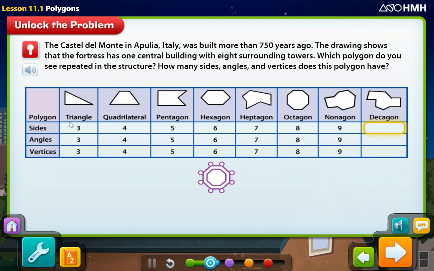So this is interesting. It started at a triangle and it's going up. Would there be a polygon that has 2 sides? Remember, a polygon has to be a closed shape. Could I close a shape with 2 sides? Well, yeah, I guess I could close a shape with just 2 sides.